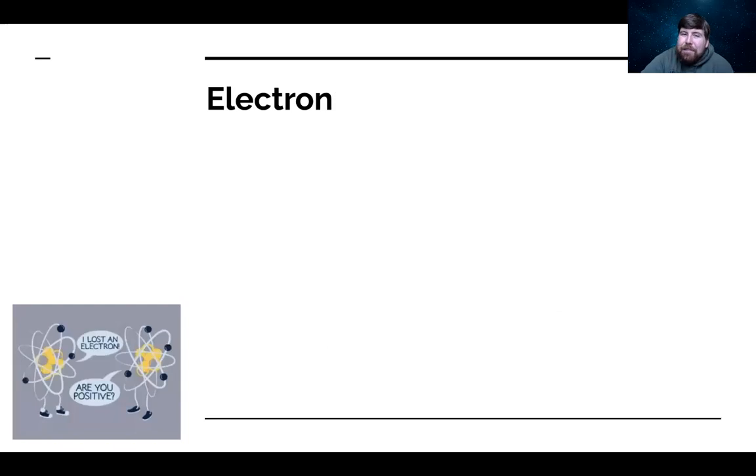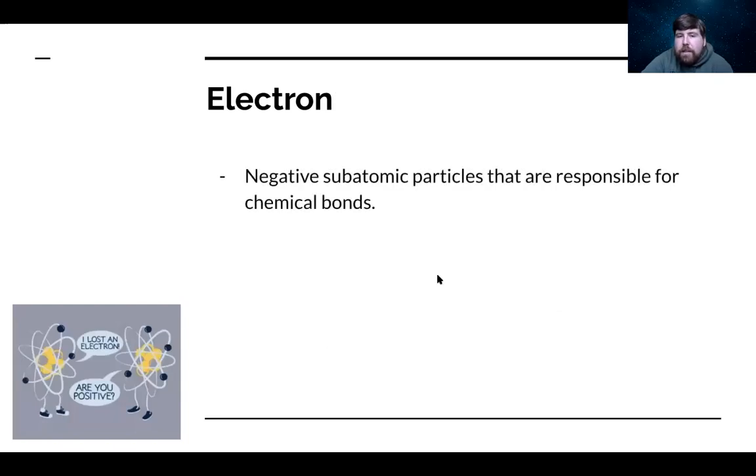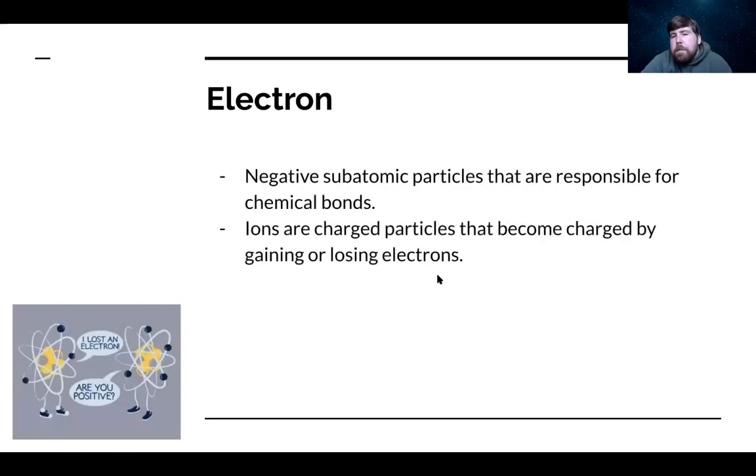Last but not least, we have electrons, and electrons are the negative subatomic particles that are responsible for chemical bonding. In the next slide set, we're going to go over ions, and ions are charged particles that become charged by gaining or losing electrons.